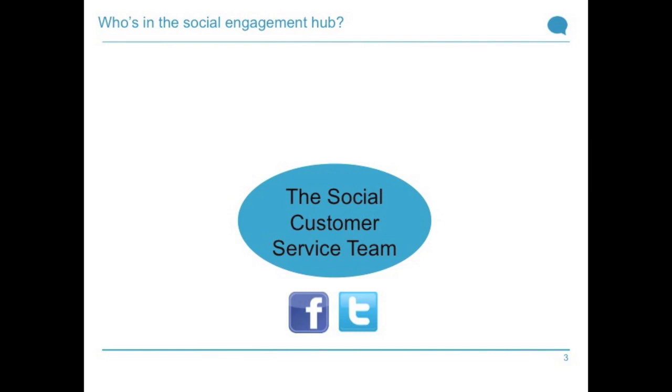This team is going to be in charge of processing incoming messages, engaging with customers, dealing with the care issues that are coming in on your channels, and then sharing all of this information from your channels around the business, really completing that social engagement system on all your social channels, and feeding that in line with other channels.